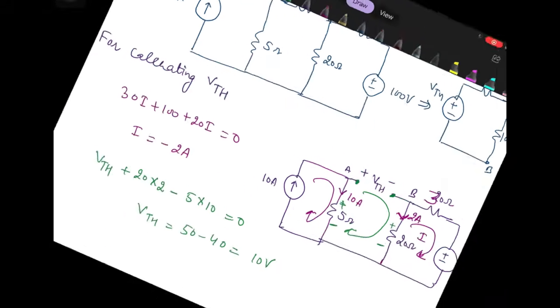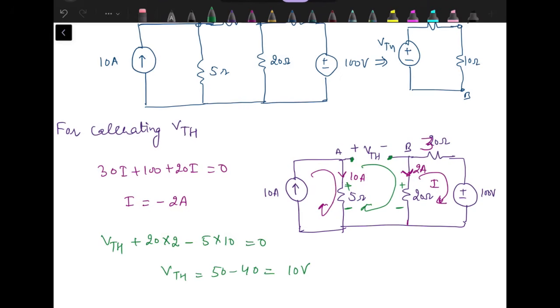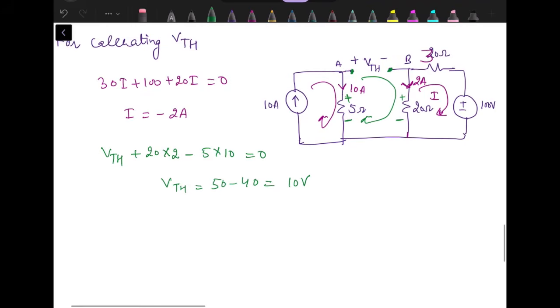The next point is we need to find out RTH. For calculating RTH, we need to draw the circuit again. The current source of 10 ampere has to be replaced by open circuit.